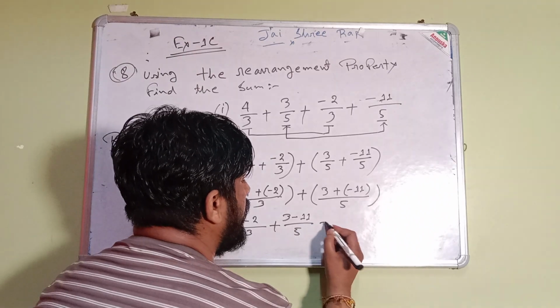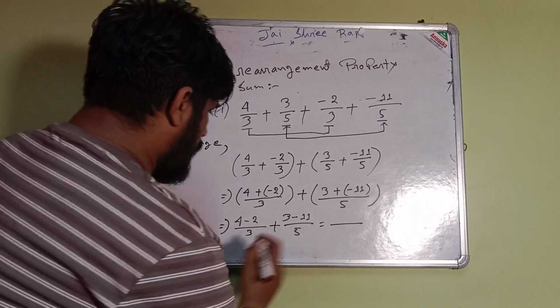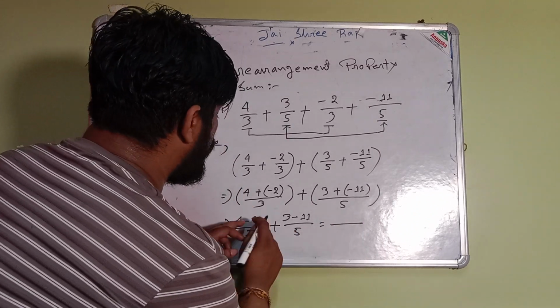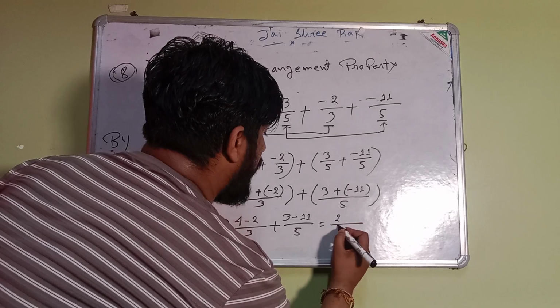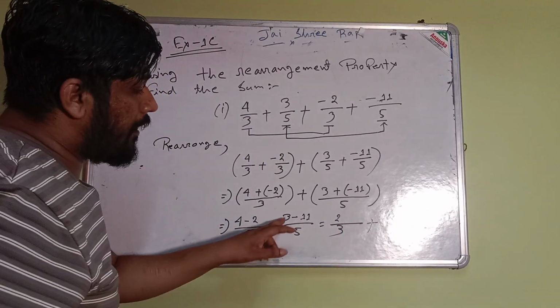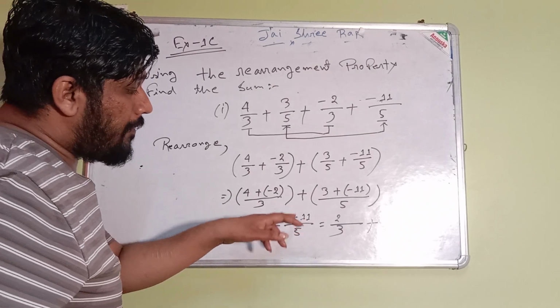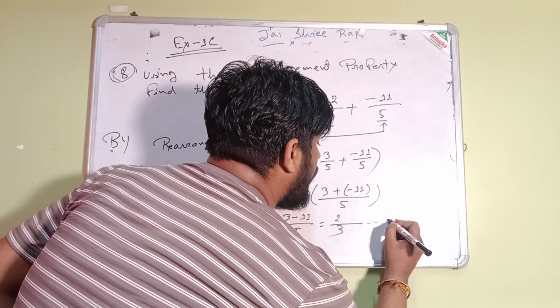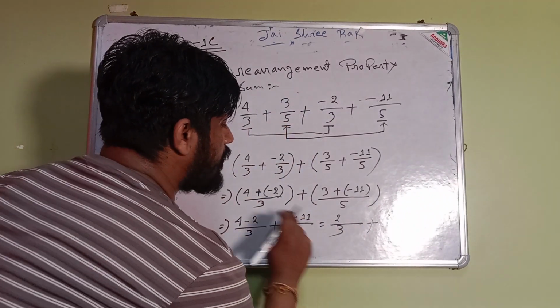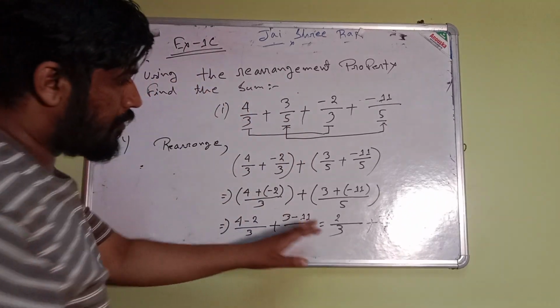Now I'm writing it here, equal to, hope this is visible. 4 minus 2 equals 2/3, then plus sign, 3 minus 11. Here the signs are different, so we have to do subtraction. If we subtract 3 from 11, the answer will be 8, and the greater number has the minus sign, so minus 8/5.